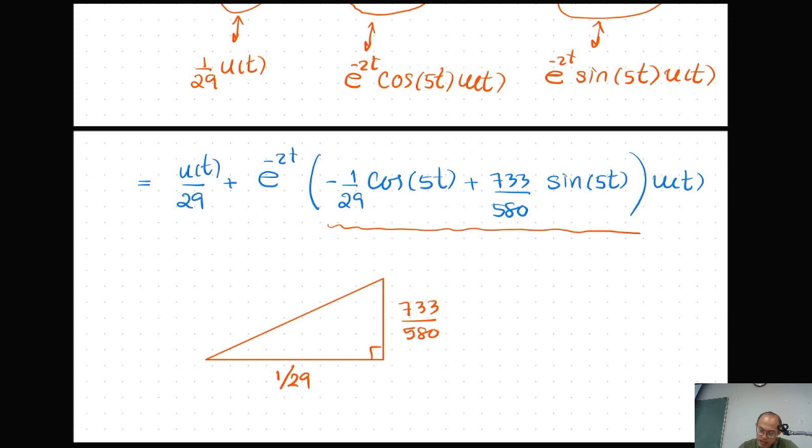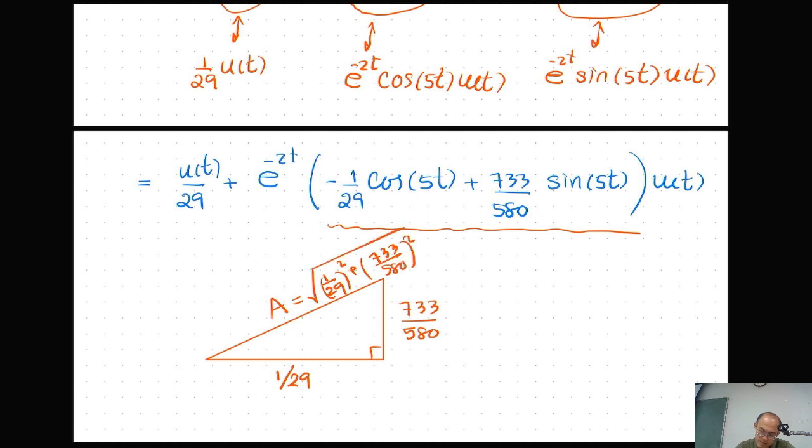Okay, so I can do the Pythagoras to get something here. Let's call it A. So A is the square root of 1 over 29 squared plus 733 over 580 squared.